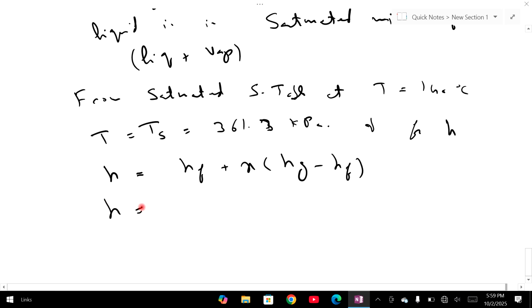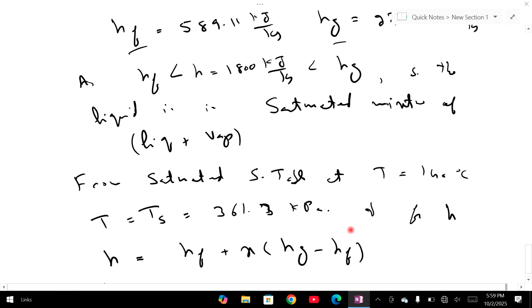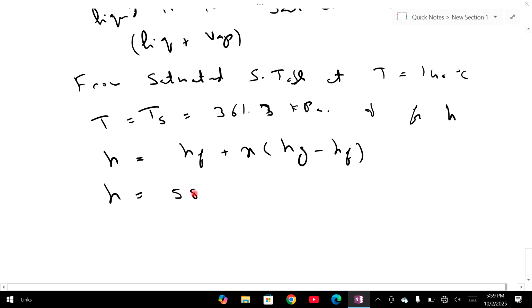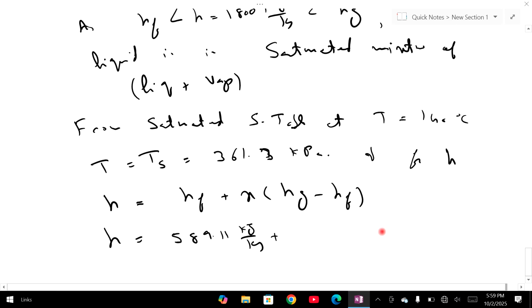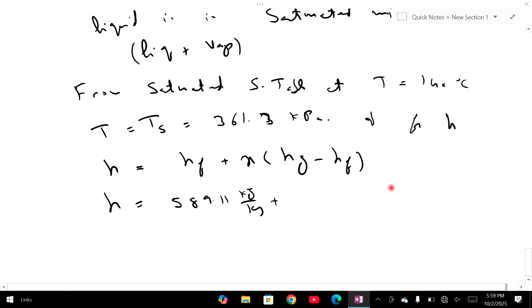So H is equal to Hf, 589.11 kilojoule per kg, plus X times... First we will find X. H is given to us as 1800 kilojoule per kg, X is unknown.